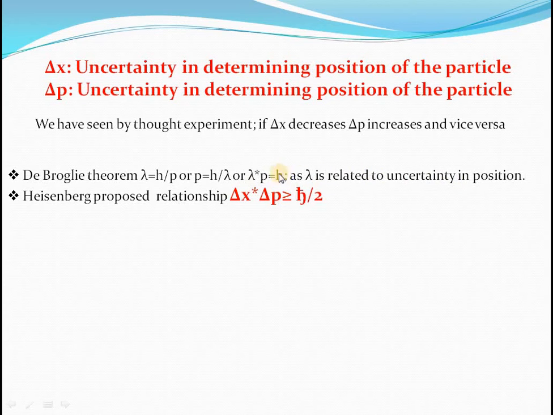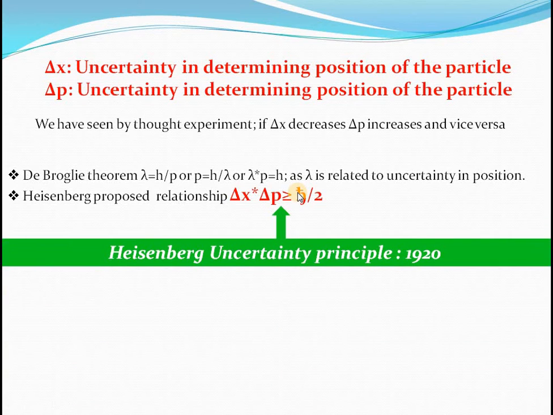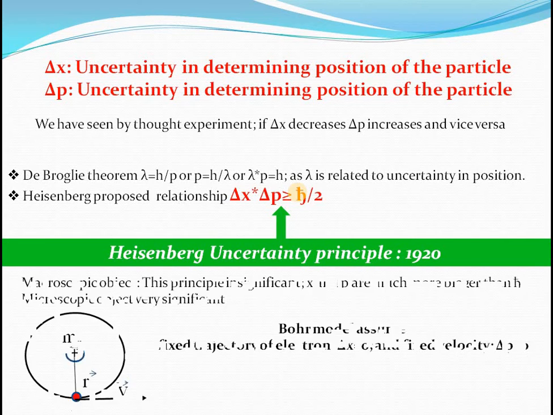So from this equation Heisenberg proposed another empirical equation: delta x, the uncertainty in determining the position, times delta p, the uncertainty in determining the momentum of a subatomic particle, should always be greater than or equal to some constant quantity, and that is h cross by 2. This principle is called the Heisenberg uncertainty principle, proposed by the scientist Heisenberg in the year 1920.